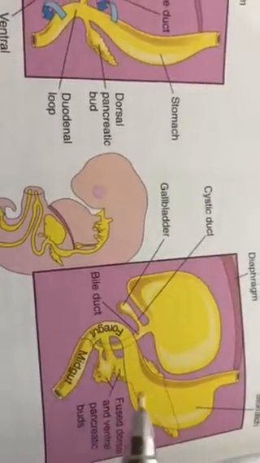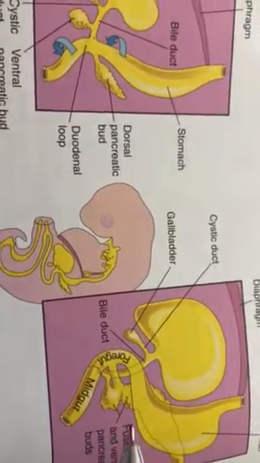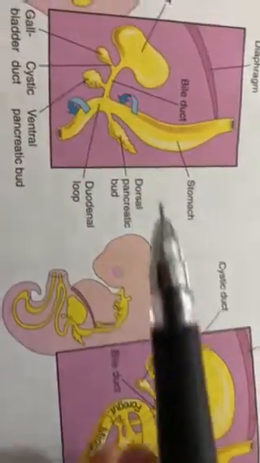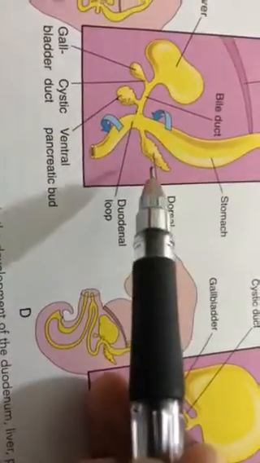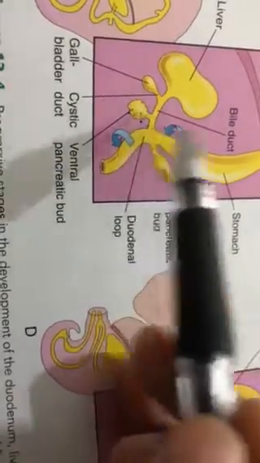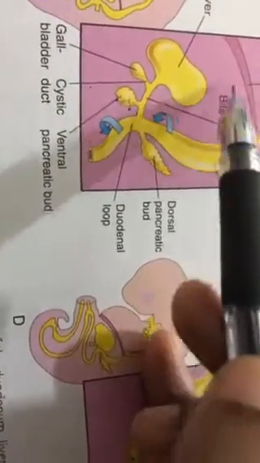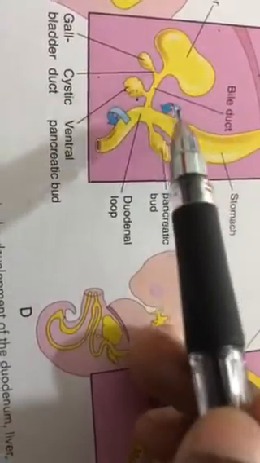Now, when you read the development of the pancreas and write the exam, you should write that the pancreas is developed from two buds. One is called the ventral bud, another one is called the larger dorsal bud. The ventral bud is present in this mesentery. The mesentery is a peritoneal fold. All the structures are developed inside the mesentery only.